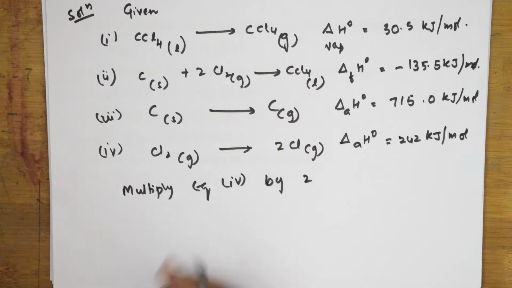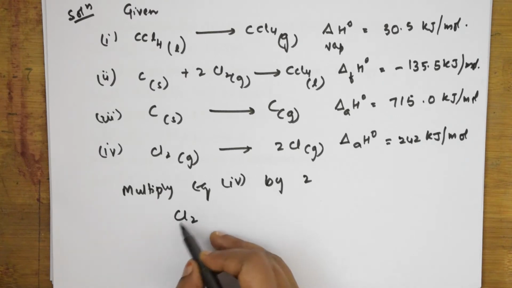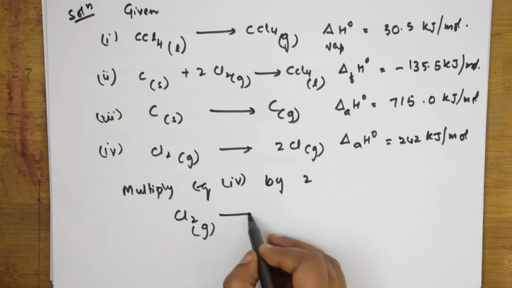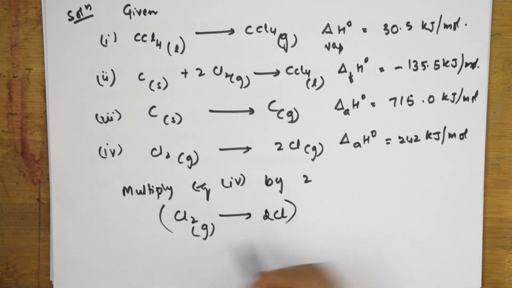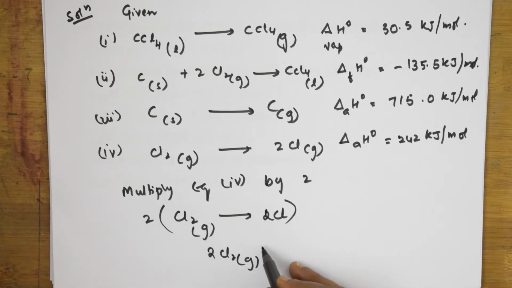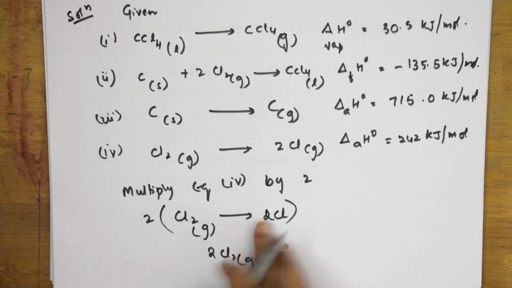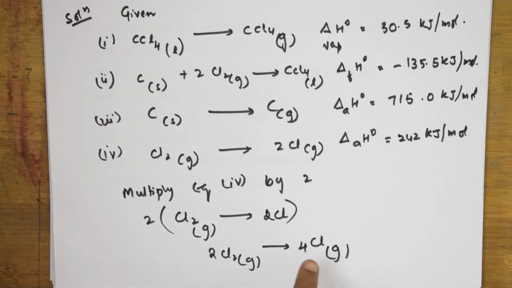Just see why I am doing this. When I multiply equation 4, with Cl2 in gaseous state giving 2Cl, by 2, this becomes 2Cl2 gaseous giving 4Cl gaseous. Because the Cls are 4, I'm coming a bit closer.